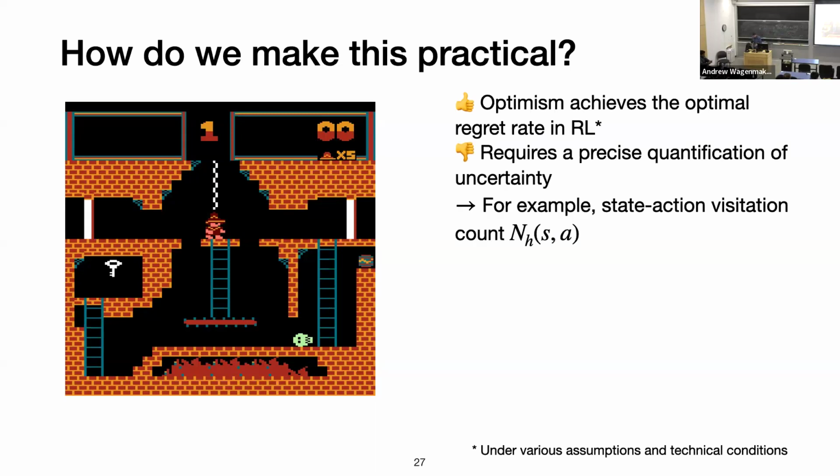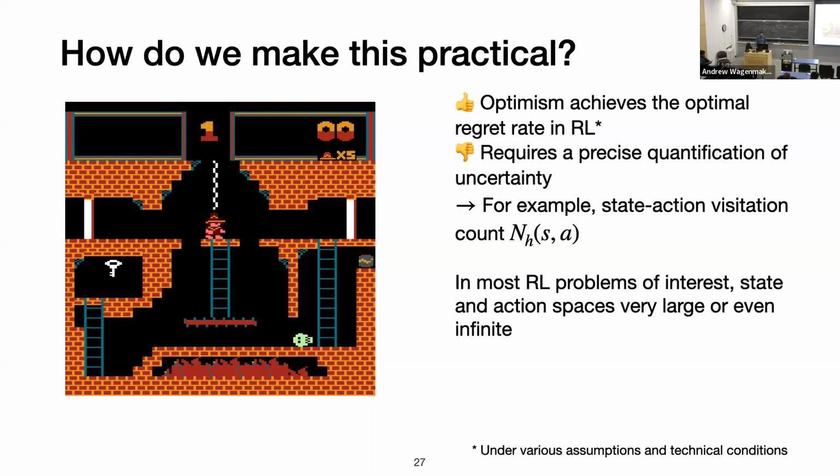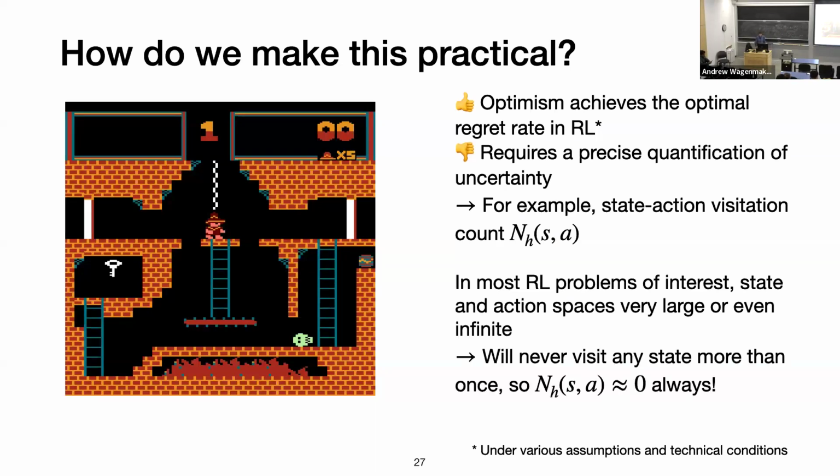However, as was pointed out, in general we might not have nice MDPs. We might have an infinite or extremely large number of states, or an infinite number of actions or a continuous set of actions. In that case, I will never visit the same state twice, so N(s,a) will always be 0 or 1, essentially. Even in games this is essentially true.